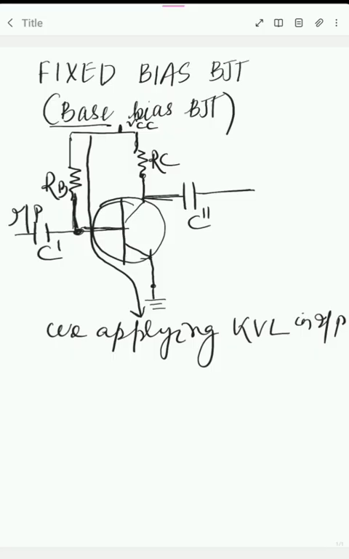The supply voltage is VCC at the positive terminal.